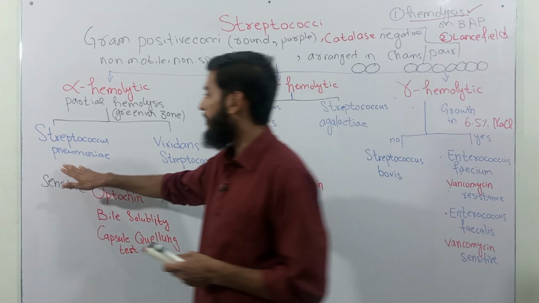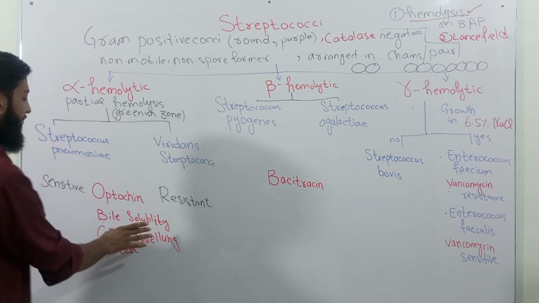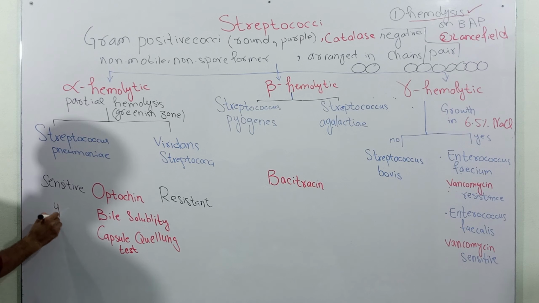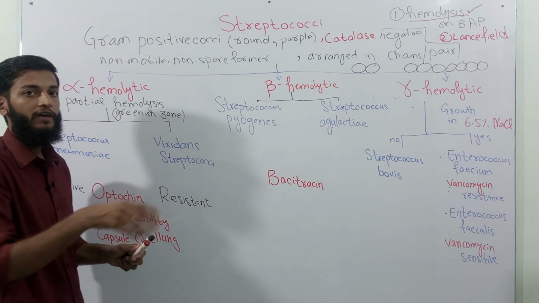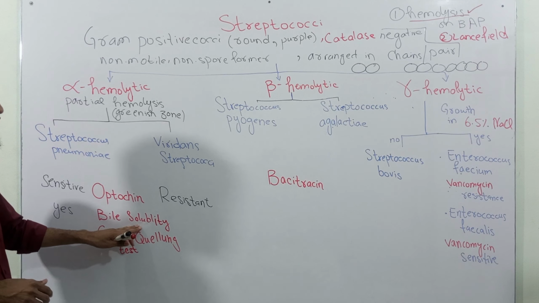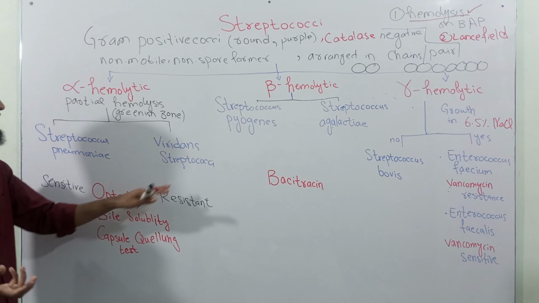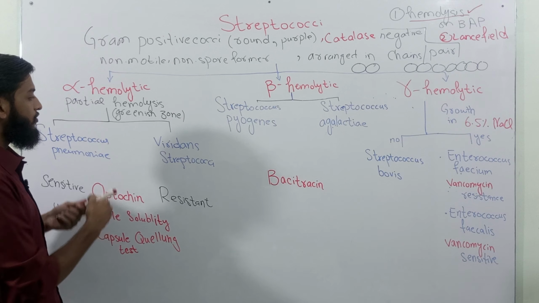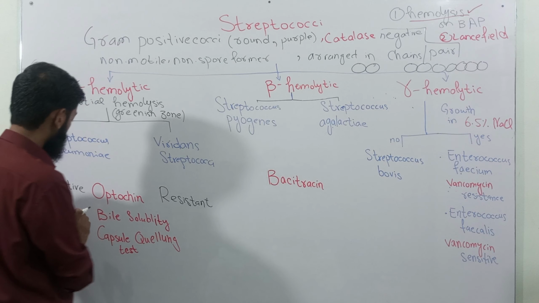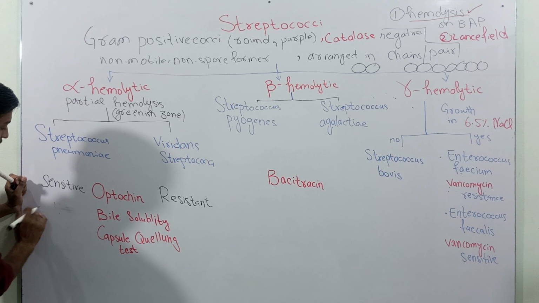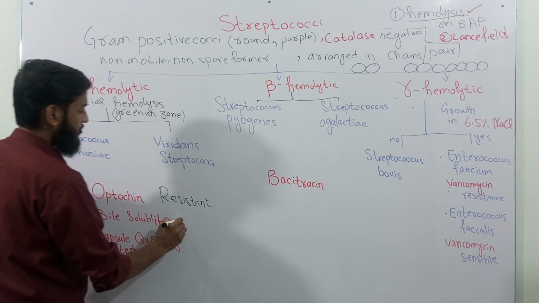So Streptococcus pneumoniae are bile soluble. Whereas if you mix the colonies of Viridans streptococci with the bile, the bile will not be able to dissolve the colony. So Viridans streptococci are bile resistant. They are bile insoluble.